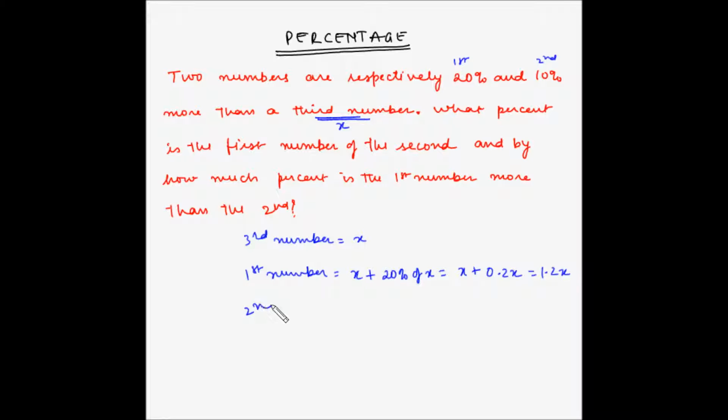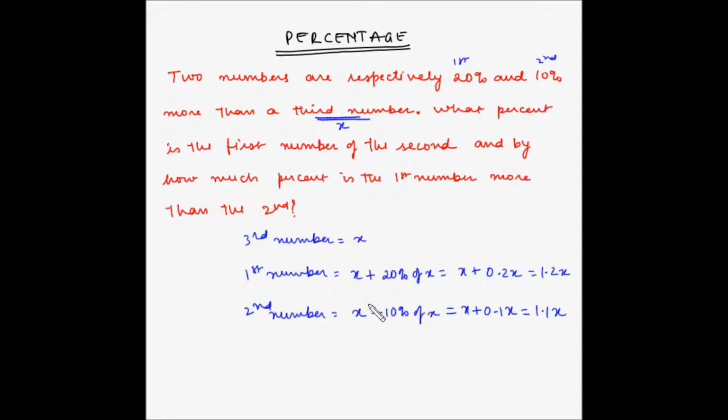Similarly, the second number is x plus 10% of x, because the second number is 10% more than the third number. So this becomes x plus 0.1 times x, which is 1.1 times x.